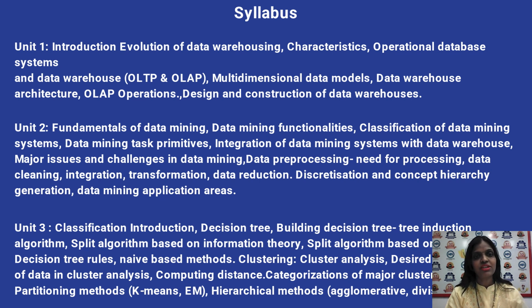The operational database includes OLTP and OLAP, where OLTP stands for Online Transactional Processing and OLAP stands for Online Analytical Processing. Then we have multidimensional data models, data warehouse architecture, which consists of three-tier architecture of data warehouse, different OLAP operations, design and construction of data warehouse.